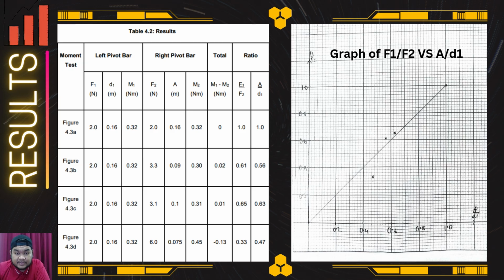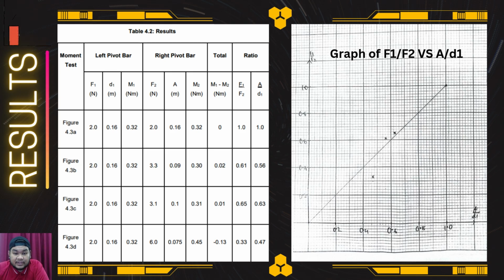For the results we obtained for the right pivot bar, from figure 4.3a the force is 2 newtons, the length of A is 0.16 meters, and the moment is 0.32 newton meters. M1 minus M2, which is the total moment, equals 0.